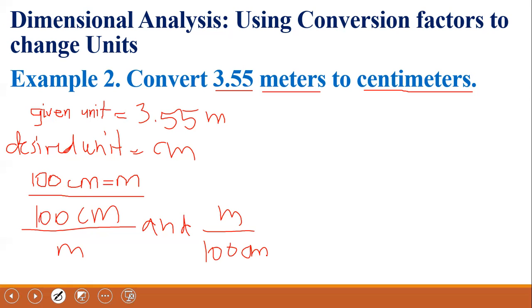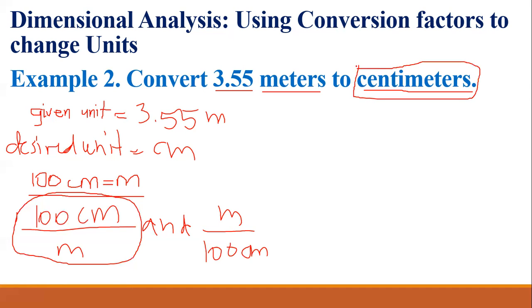So therefore, since the intent of this problem is to eliminate the unit meters, the conversion factor on the left must be used. Okay? Where is the left? The left one, this one. So, this is the conversion factor we will use, because in our example, we have to convert this into centimeters.